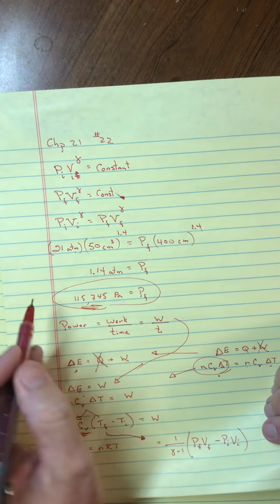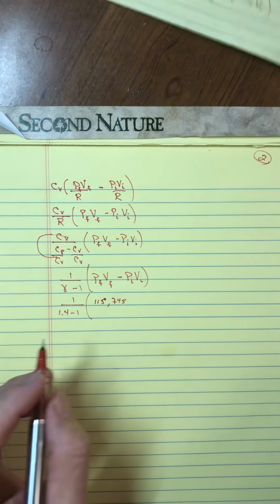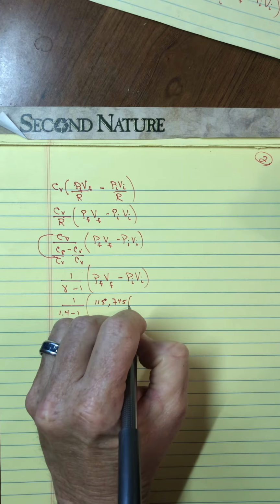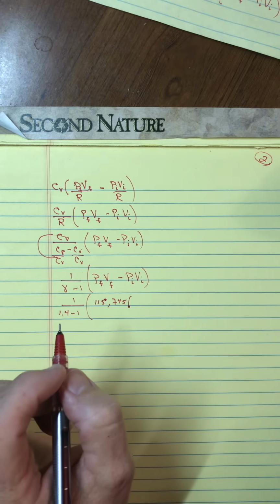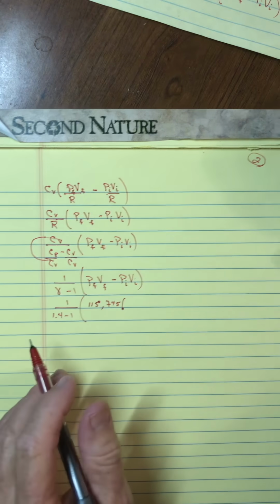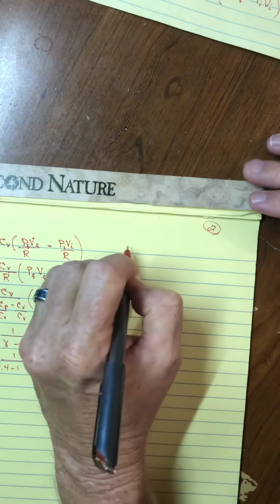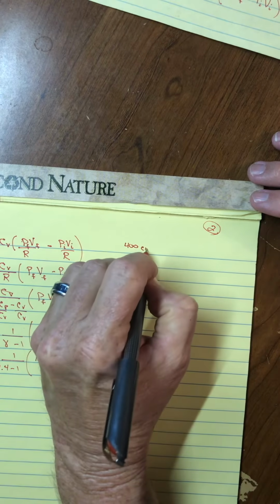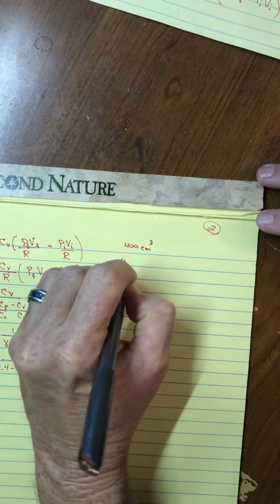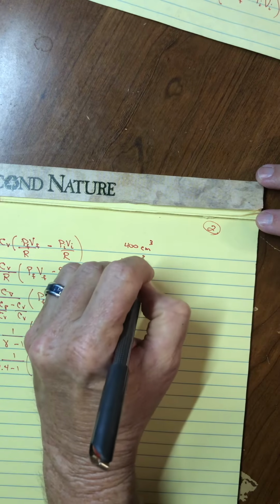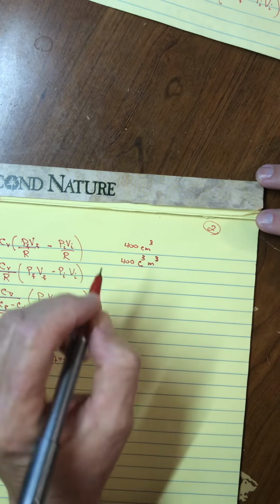That's what we did using the adiabatic process. And the final volume, and let me be a little careful here. Maybe I'll come over here to the side. It was 400 cubic centimeters, which means 400 centimeters cubed, and I need meters cubed.